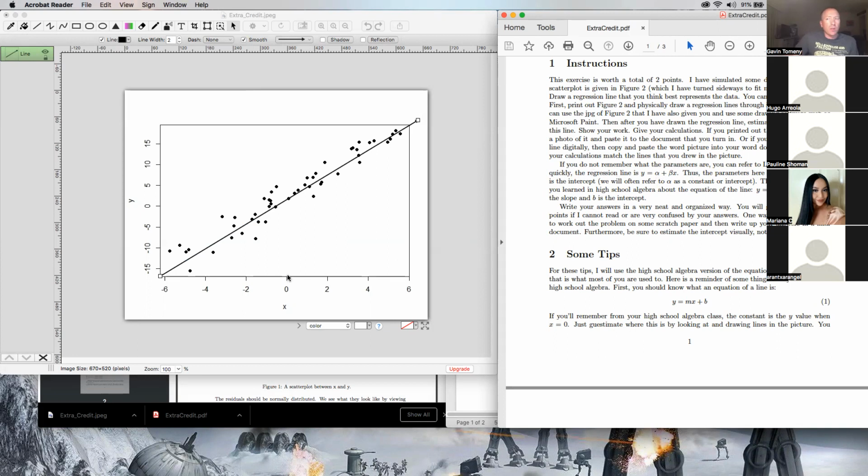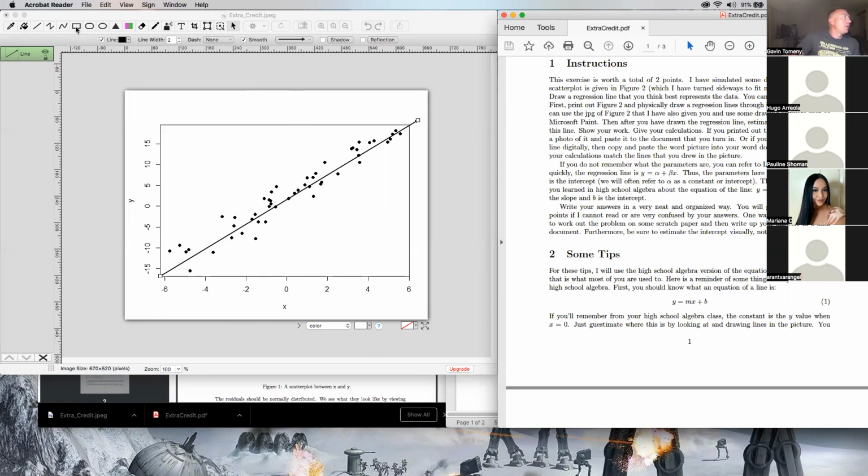When you have a normal graph, this line is normally right here and this line is normally right here. So when we're looking for the y-intercept, x is going to be equal to 0, and then we draw a line straight up.